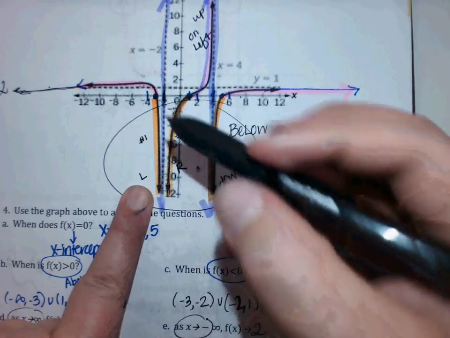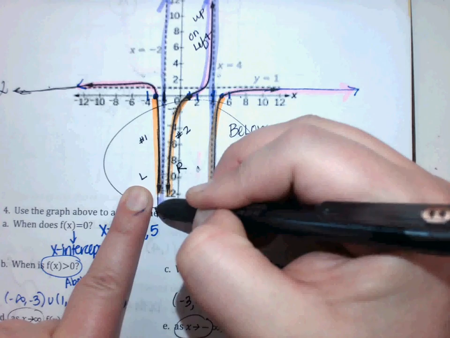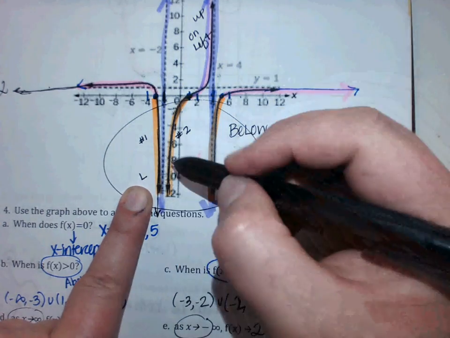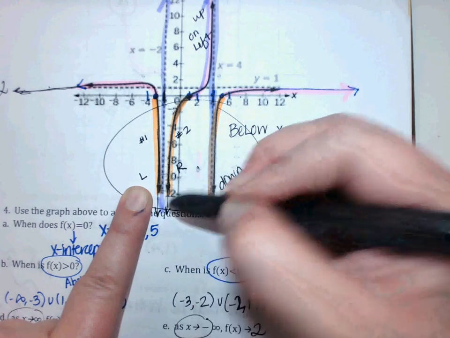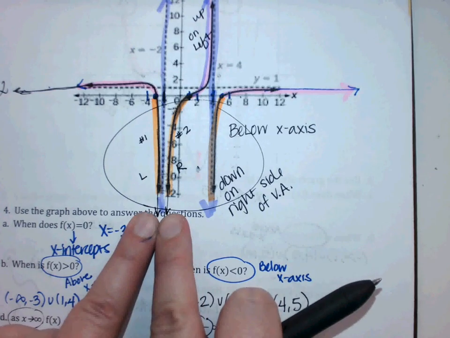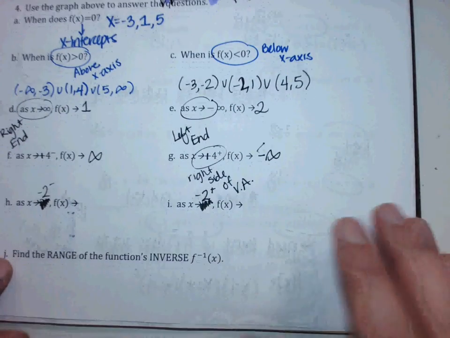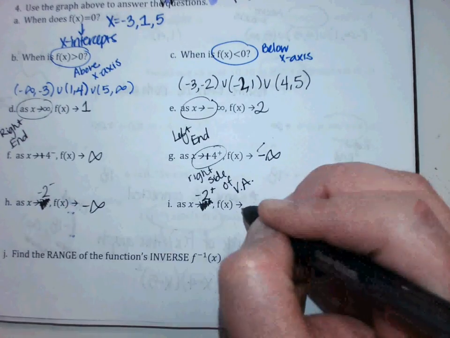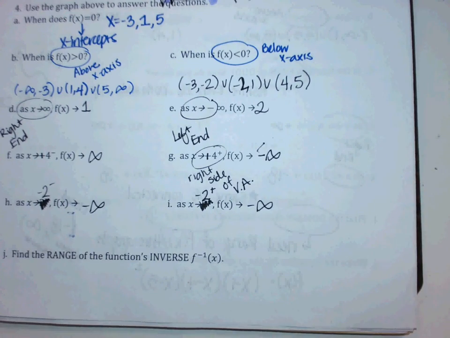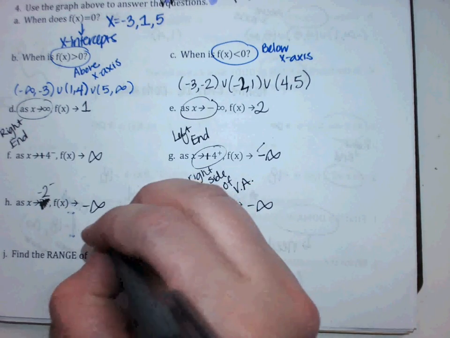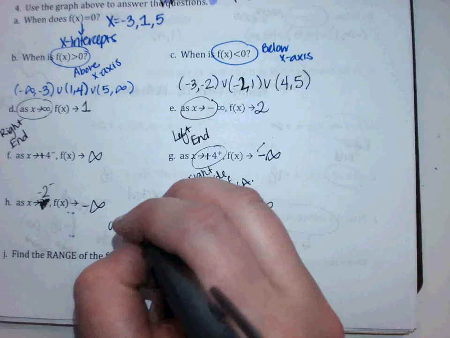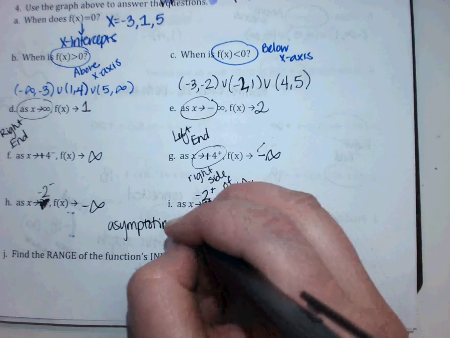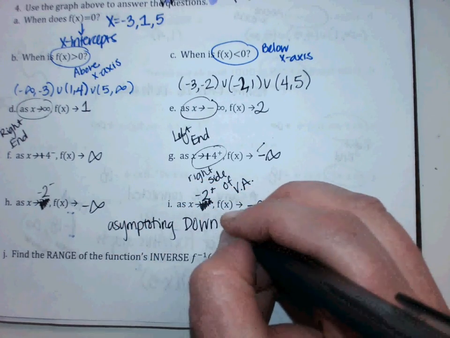When I'm on the left, what is my arrow doing? Going up or down? Down. What is it doing on the right side? Down. If both sides are going down, what are both sides down here? Negative infinity, negative infinity. And then I'm asymptoting down on both sides.